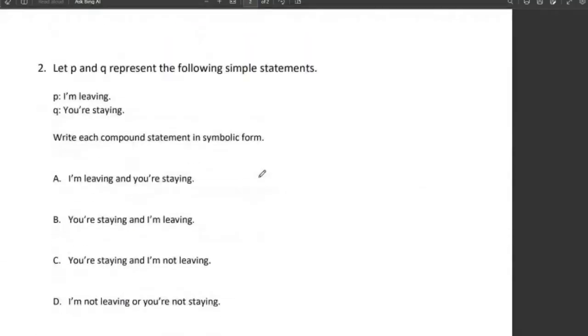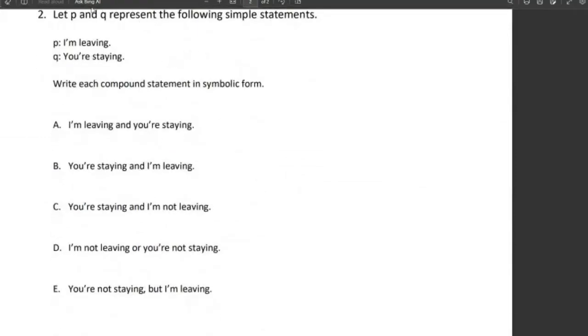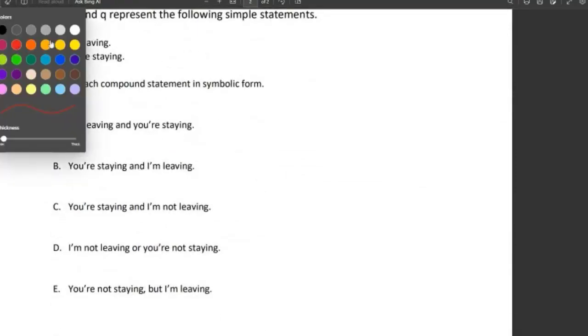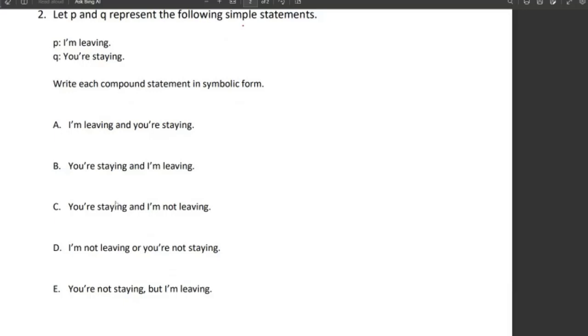All right, on to number 2. It says let P and Q represent the following simple statements. P says I'm leaving, and Q says you're staying. So remember, anytime we see the word and, we're going to use this symbol without the line down through the middle. And then anytime you see the word or, we're going to use this V for that. And then also but for this symbol.